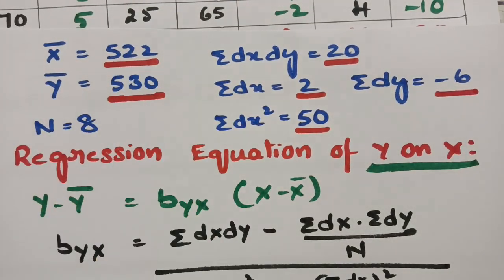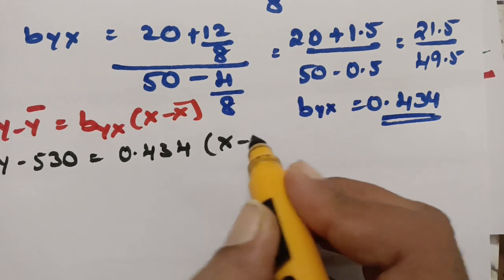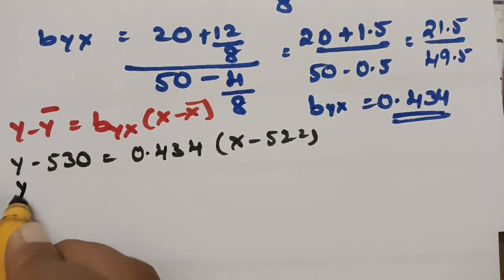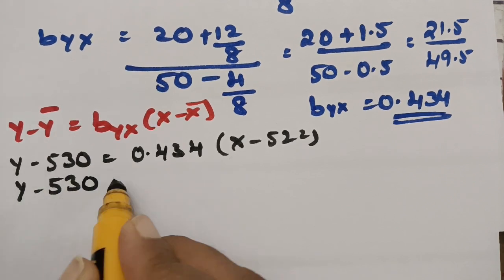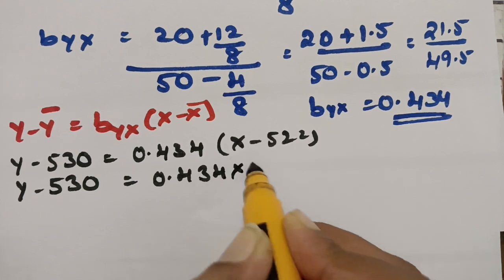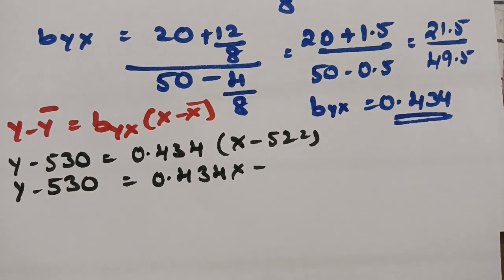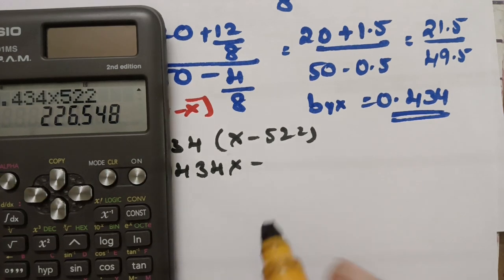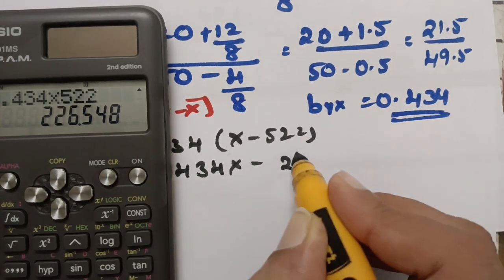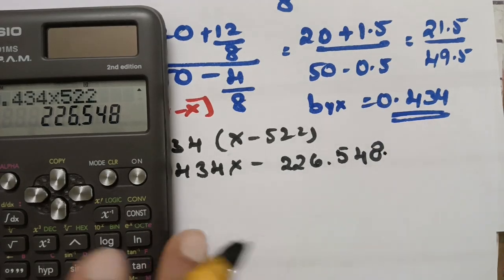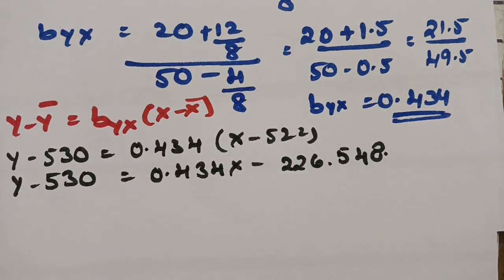What is x bar here? 522. Now this will be the equation if I solve. That is y minus 530 is equal to, if I multiply, 0.434x minus 0.434 into 522. The value here is 226.548.